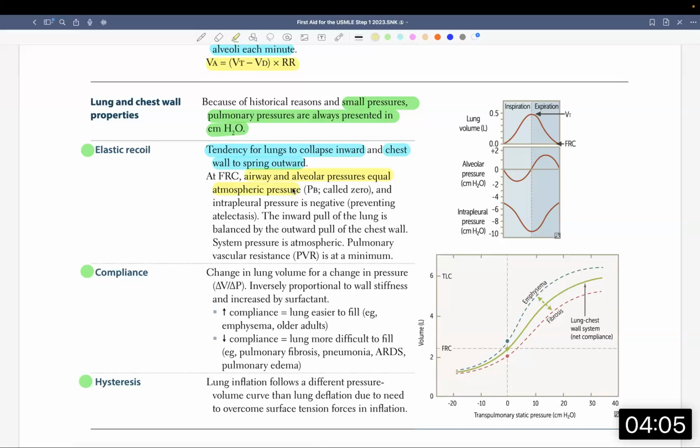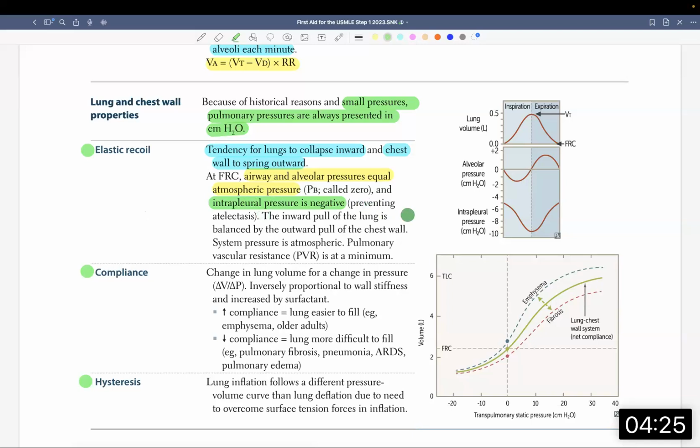Intrapleural pressure is negative. It means in the pleural space there is a suction, a pulling-down force, so it prevents atelectasis. It makes sense: if it's like a vacuum cleaner, it's suctioning, so it will prevent collapse.